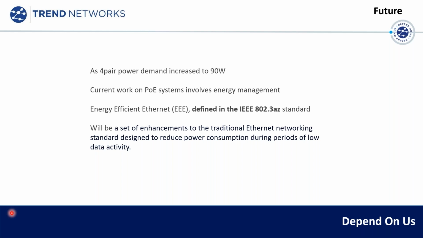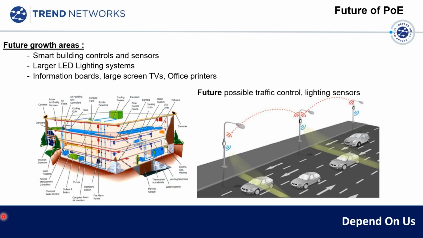The idea is, if that port's not in use, can I turn that off? Can I turn that down? So right now PoE is trying to go green. Okay, let's hope we get it there. And the next stages are looking positive. So this is a progressive technology. Please join us again. The futures are looking into smart building, LED lighting, information boards.